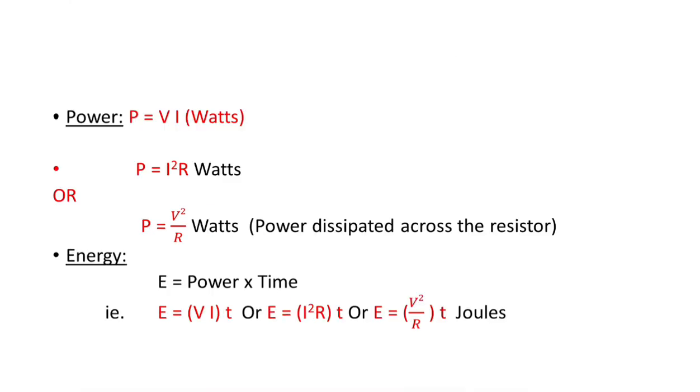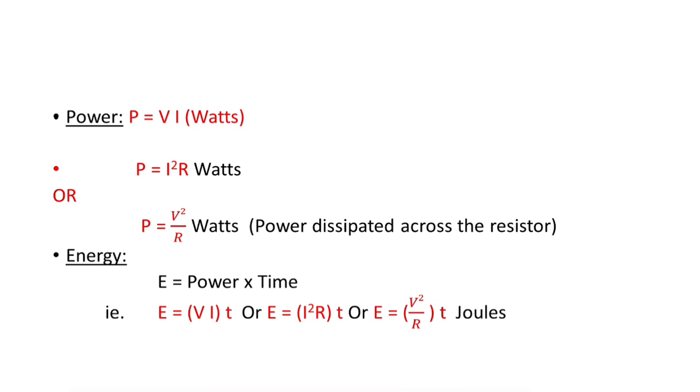The power dissipated by the resistor, power P is equal to V into I watts, or it can be I square R, or it can be V square by R. All these equations are measured in terms of watts.